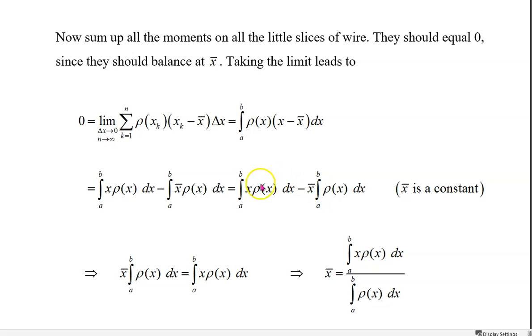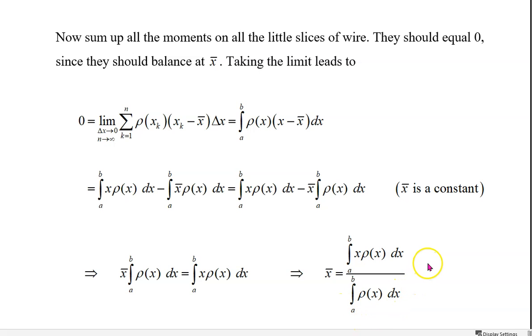That means, since this is equal to 0, that we can move this negative integral to the other side of the equation and get that x bar times the integral of rho of x dx is equal to the integral from a to b of x rho of x dx. And that leads to the formula for the location of x bar: the total moment, the integral from a to b of x rho of x dx, divided by the integral from a to b of rho of x dx.